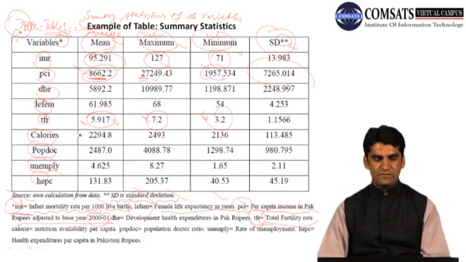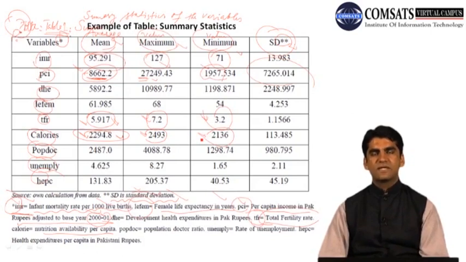For example, if you want to see the calories per person, this is where you can get it. It's nutrition availability per capita. Around 2300 is the average, the maximum is 2493, close to 2500, and the minimum is 2136, which is close to 2150.